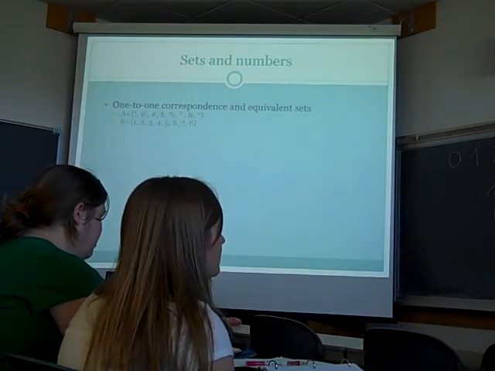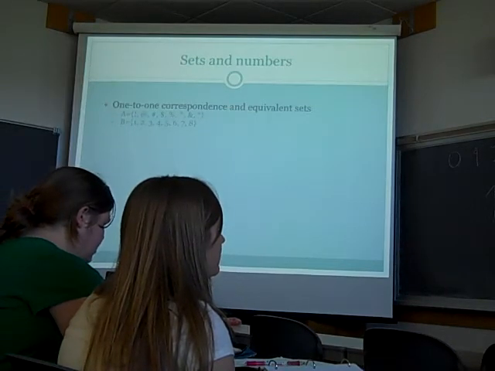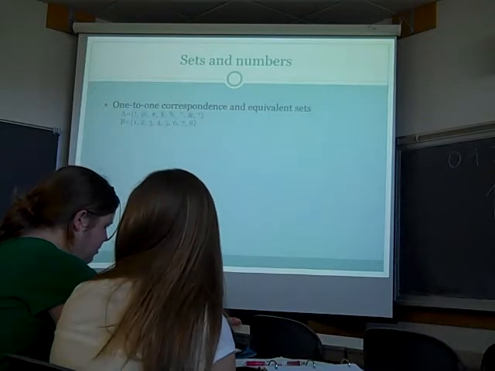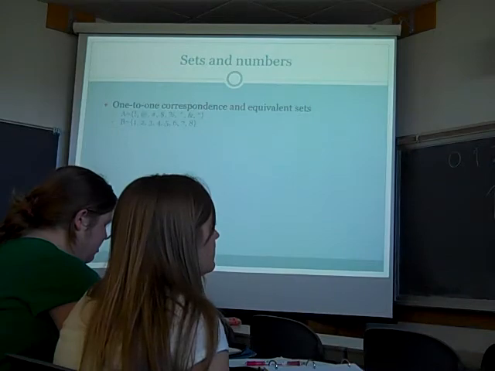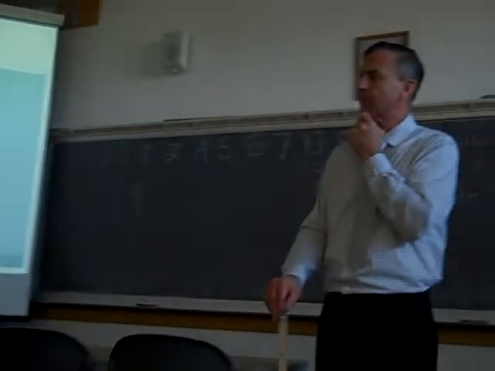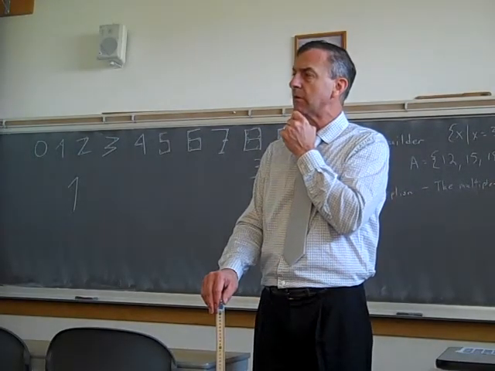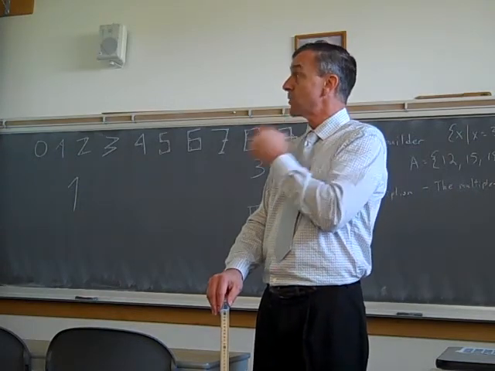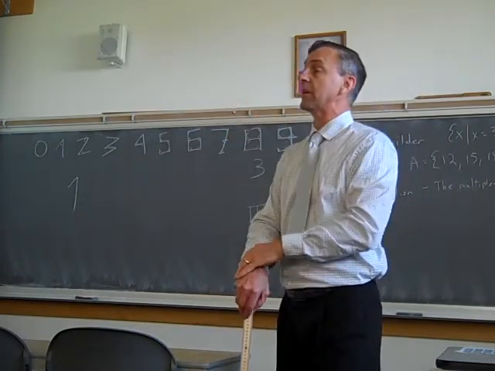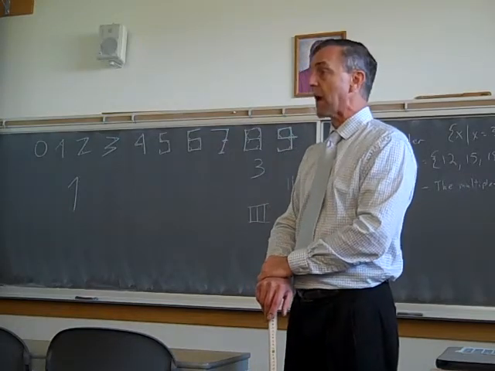Besides counting, both correspond to the same number? What do you mean the same number? Like how you set this up where 1 corresponded to that exclamation point, 2 corresponded to that. Okay. So we would say set A and set B are the same size.